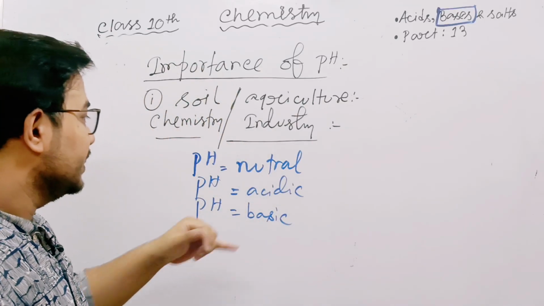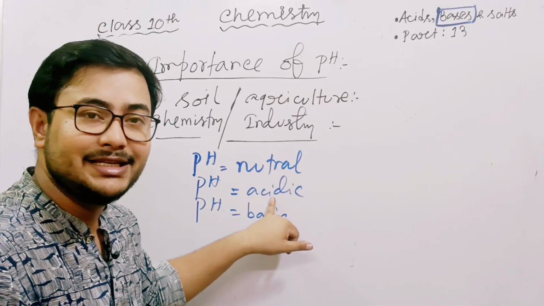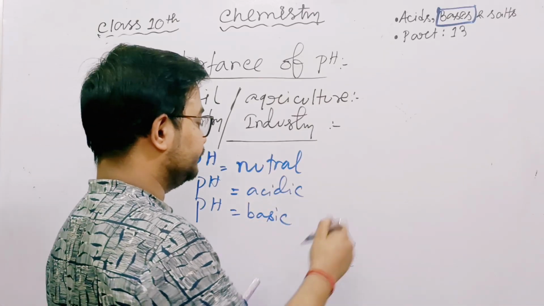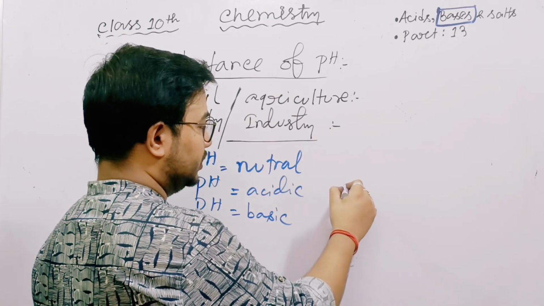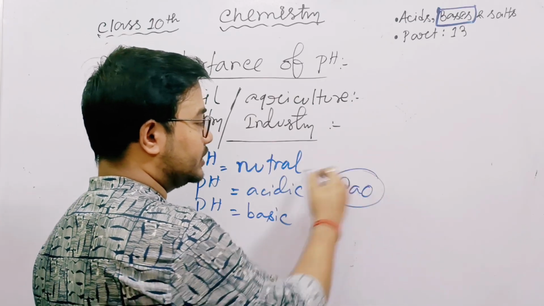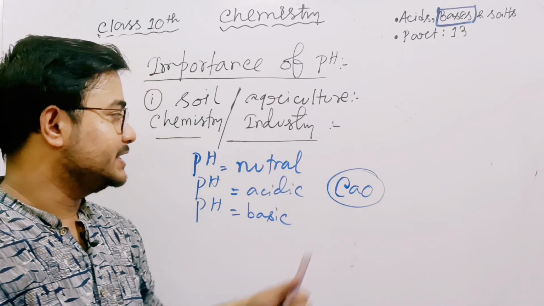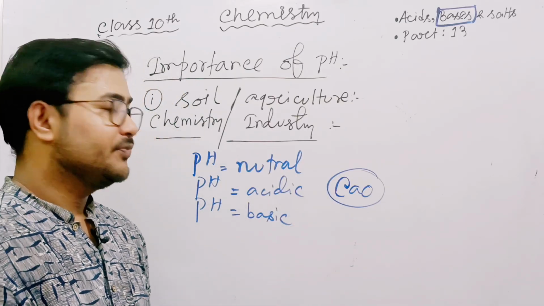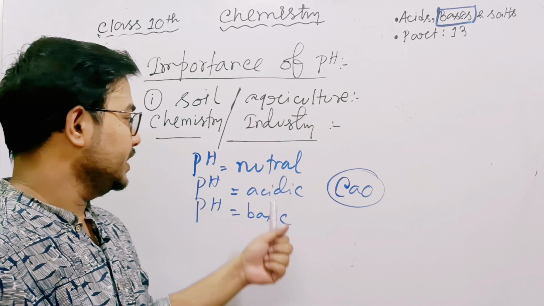For example, if the soil is too acidic, then we have to use CaO, calcium oxide, because calcium oxide is basic. So calcium oxide will reduce the acidity of the medium.